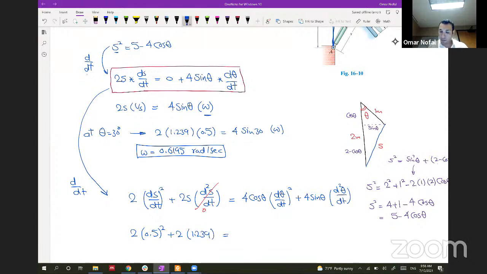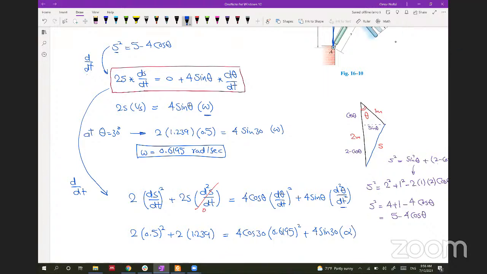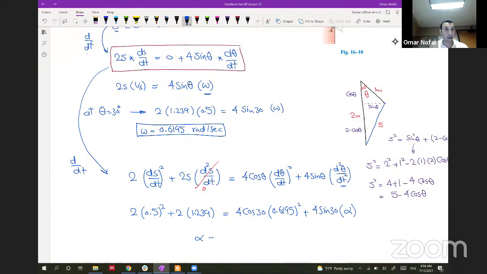And this should be equal to 4 cosine 30 multiplied by omega squared, and we just got omega 0.6195, squared, plus 4 sine 30. And this should be equal to alpha, because the second derivative of theta is alpha. So here the only unknown is alpha, and you can get it, and this will be equal to negative 0.4147 radian per second squared.